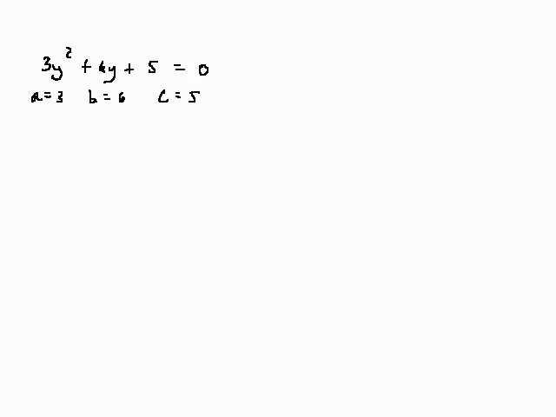Write the formula. In this case, we're going to have to put y equals minus b plus or minus the square root of b squared minus 4ac all over 2a. Now, you know why I didn't put x equals on this formula? There's no x. It's all y's. And if you want to, you can lock in each letter.